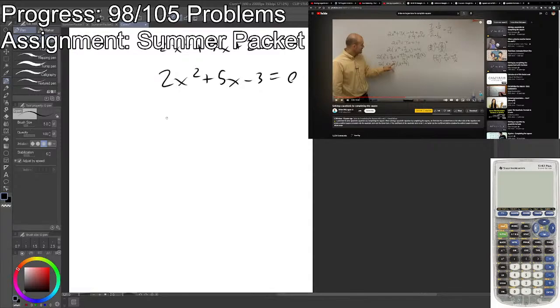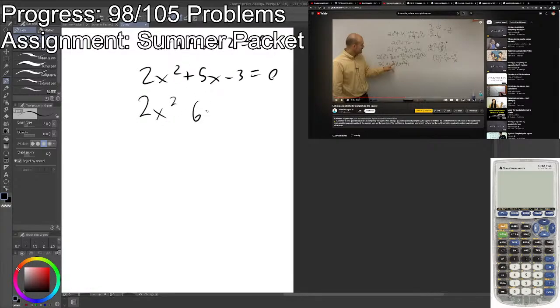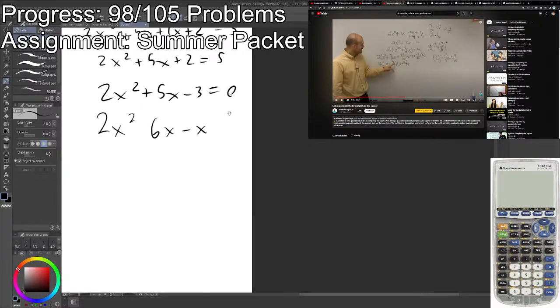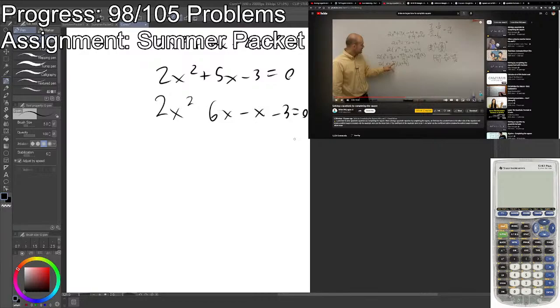Are you kidding me? There's no shot, no human would be expected to do that, man. Like, what? They just pulled that out of nowhere. I know it's still 5x, but like, what? Then they factor out 2x. Like, nah.